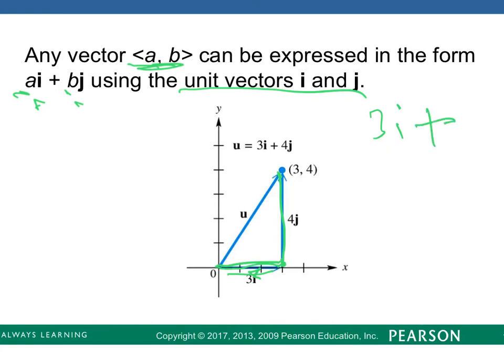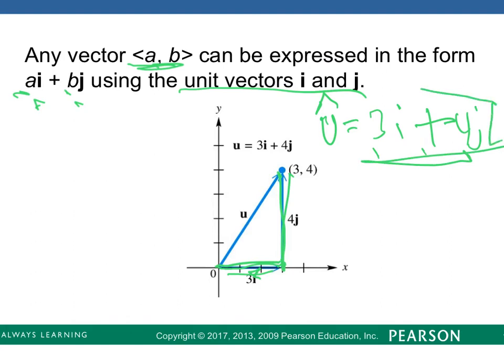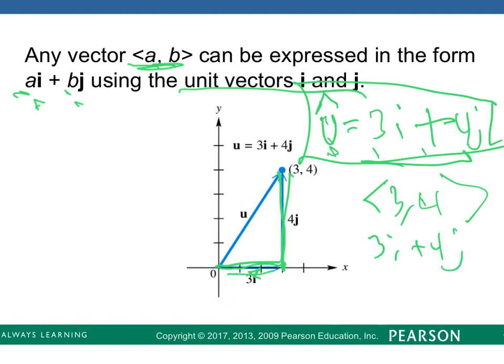I can add that to 4j. That can be my vector u: 3i plus 4j. That's another way of representing a vector. It's still this 3 comma 4, but now I say 3i plus 4j. It's the same thing. Just another way that you'll see maybe in physics.